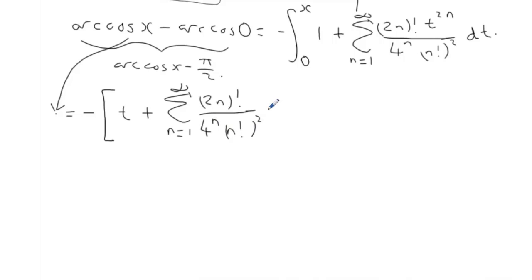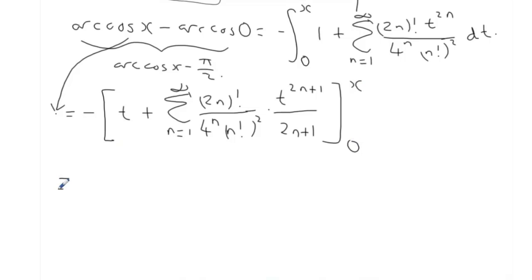And then you've got times t to the 2n plus 1 over 2n plus 1. So remember, when you're integrating a polynomial, you just add 1 to the power and divide by the new power. That needs to be evaluated at x and 0.